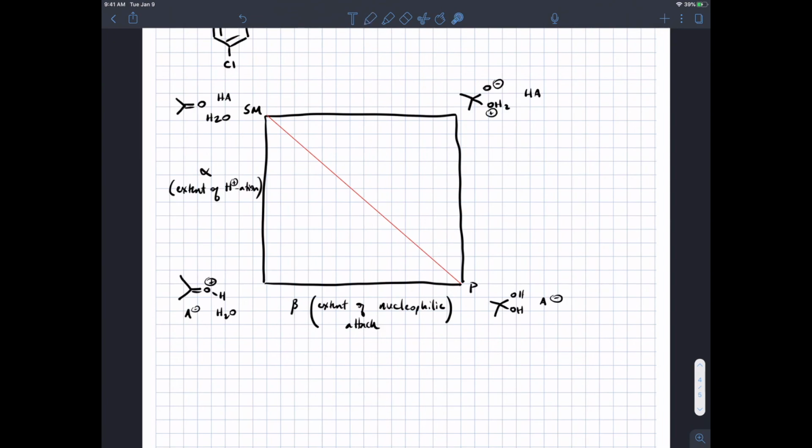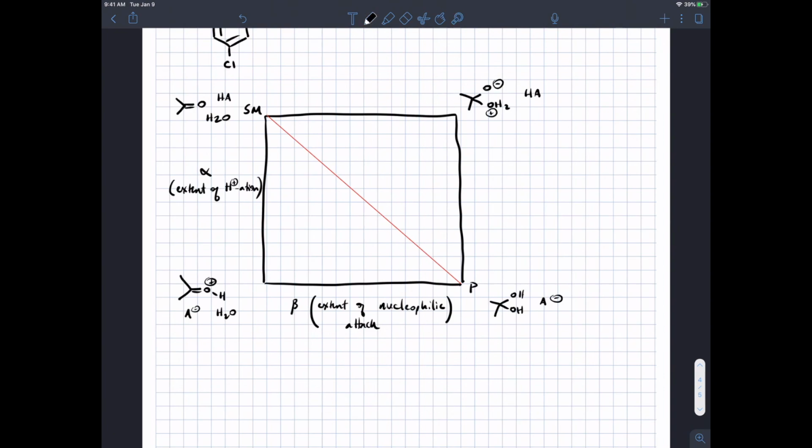I got really excited when I saw this because I can remember teaching 352 and struggling to provide students with tools to understand when a nucleophile could attack first and then protonation happens versus when you have to protonate first and then nucleophilic attack happens. And it turns out that the reason it's hard to tell people when that happens is because reality is you might have a pathway along a continuum between any of these extremes.